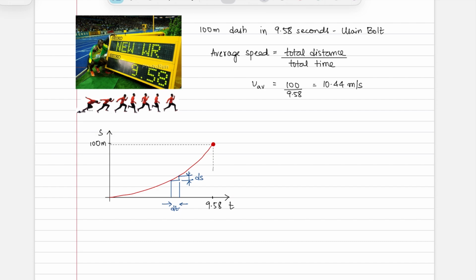So if we were to write that the average speed is given by delta s over delta t, what we've now done is we've made both delta s and delta t go to 0.